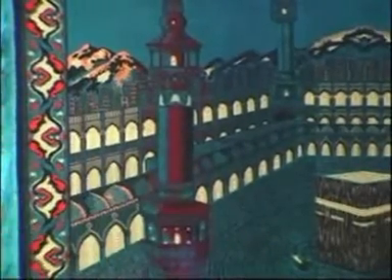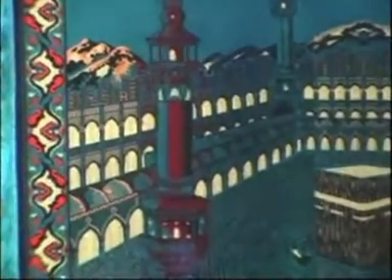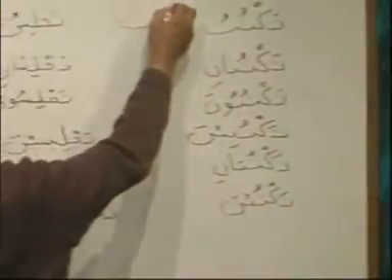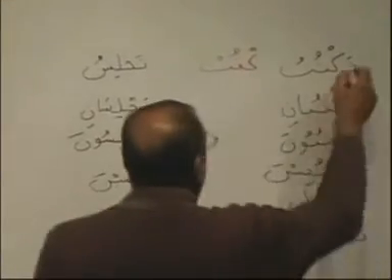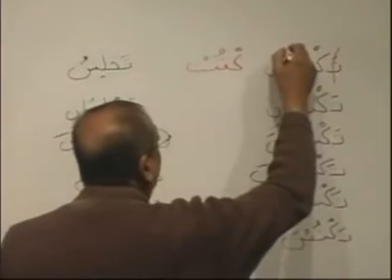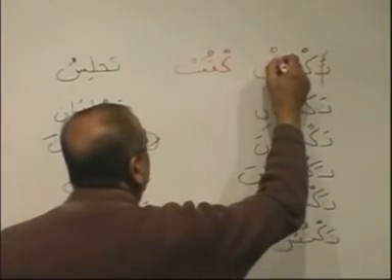Okay? If I remove that, brothers and sisters, and at the same time, I have to give sukoon here. Sahi? What is the result?